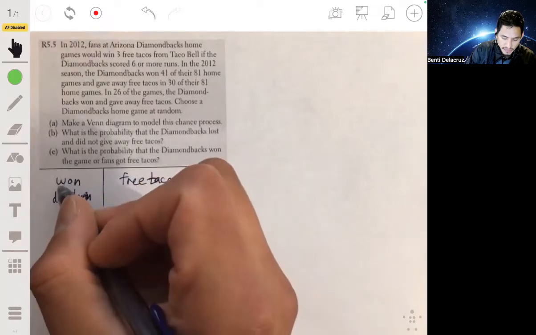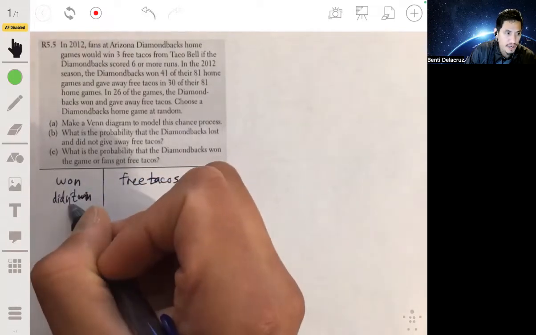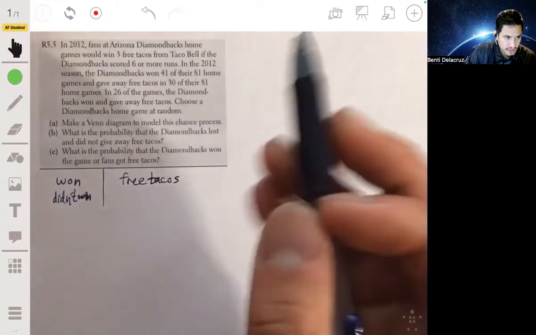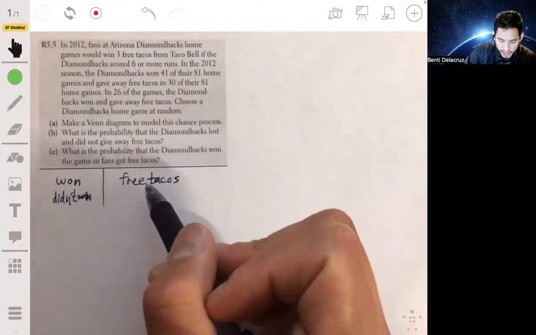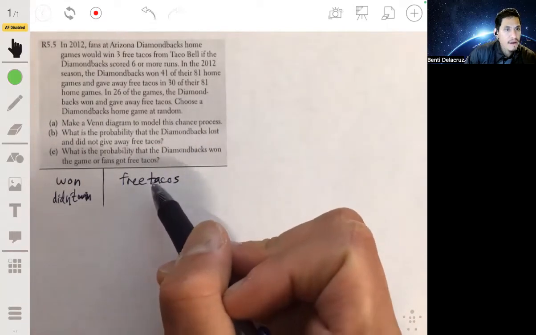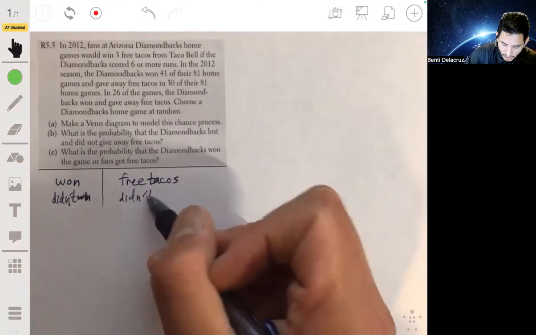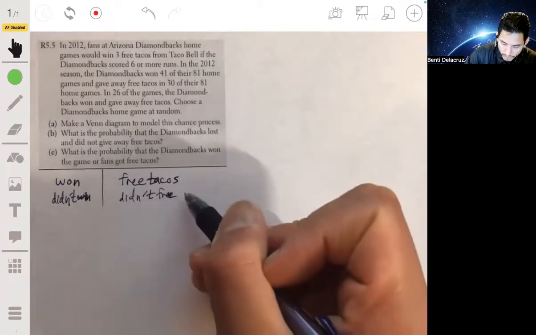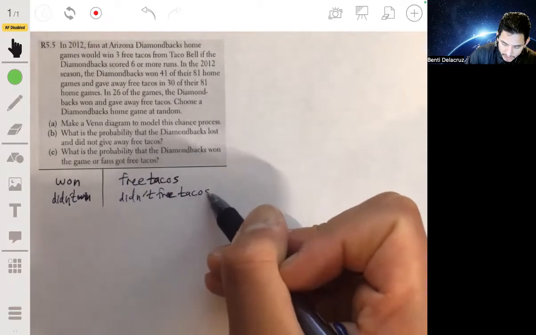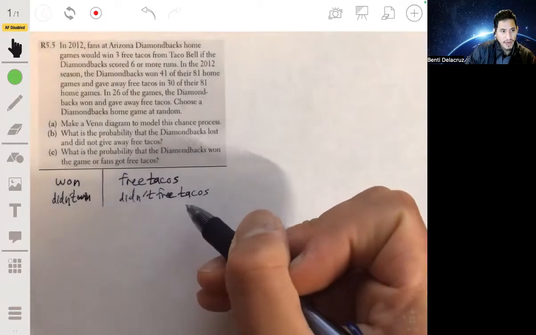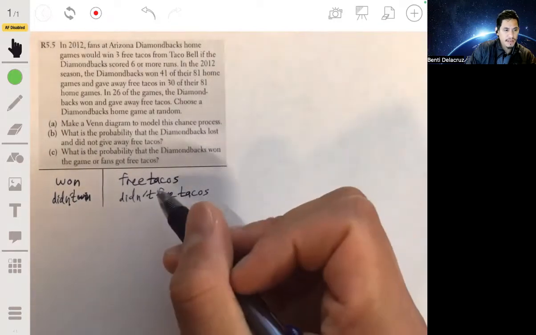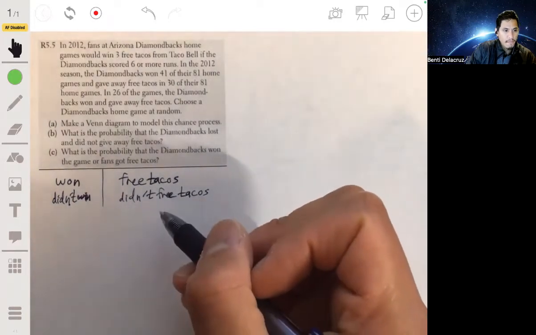We just think of this as that they won or they didn't win. I'm going to show you how you can apply this. Now we look at free tacos. Either fans got free tacos or they didn't get free tacos. That's all that could have happened in the universe. You don't care about the details. Either you got free tacos or you didn't.